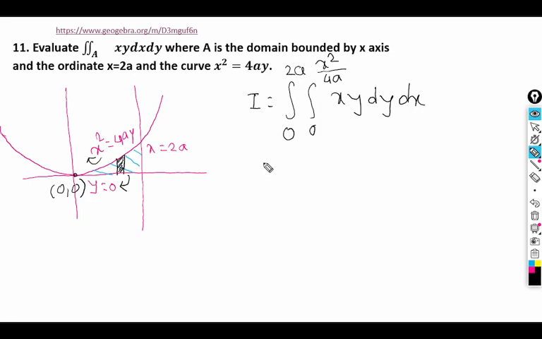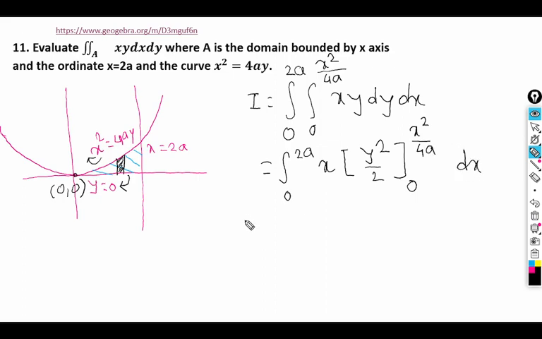So exactly the same way we should integrate it now. So 0 to 2a as it is, and the integral of y is y square by 2, with the limit of y from 0 to x square upon 4a, dx. So 0 to 2a as it is, x as it is.